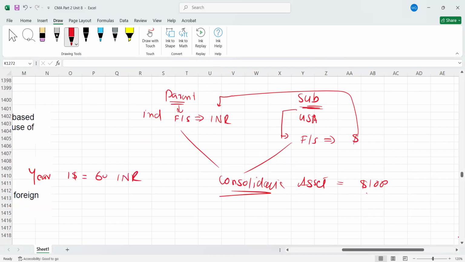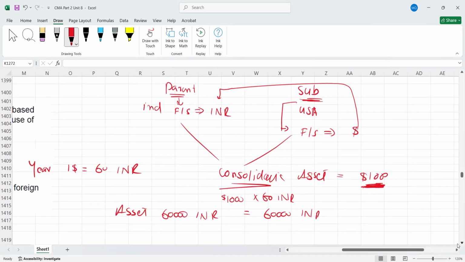If you convert this asset worth $1,000 to Indian rupees because you want to show it in the consolidated financial statements, it will be $1,000 times 60 Indian rupees. So the asset value will be 60,000 Indian rupees, right? So this asset will be recorded in the consolidated balance sheet at 60,000 Indian rupees.